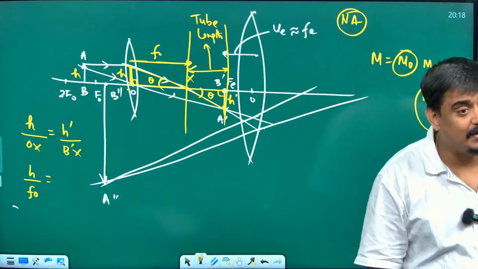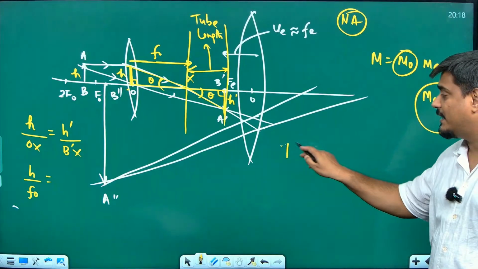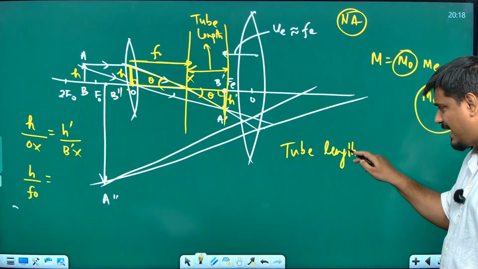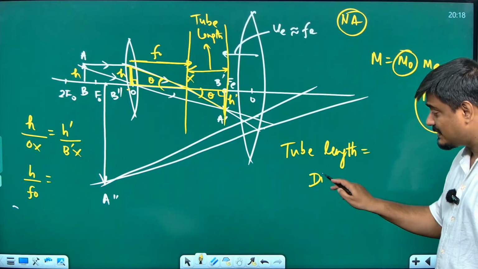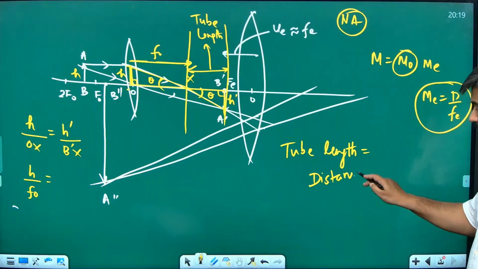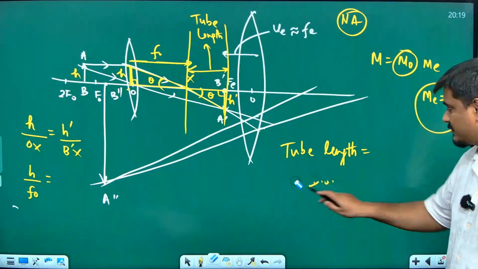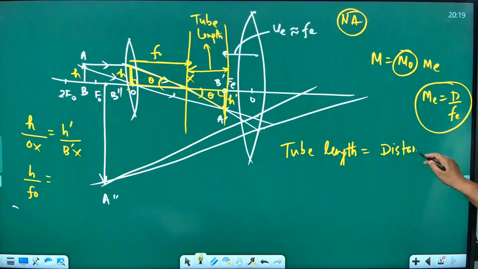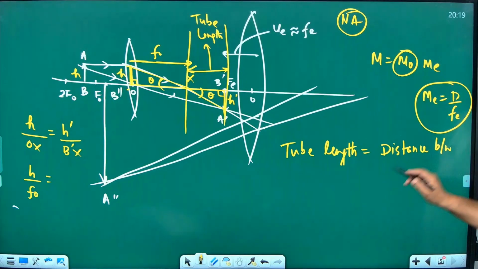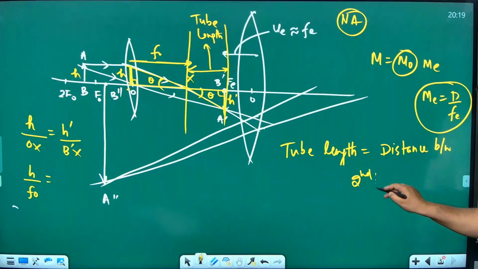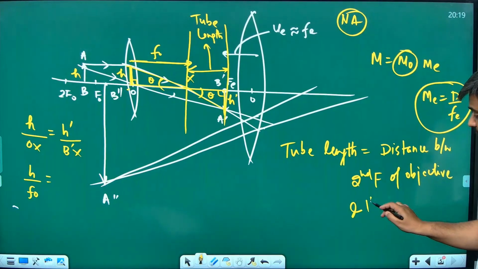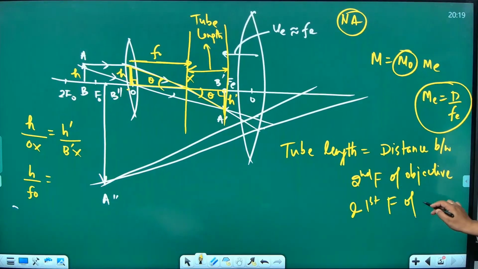I don't know how they define it, I'll tell you. NCERT defines tube length, which is different from length, as the distance between the second focus of objective and the first focus of eyepiece.